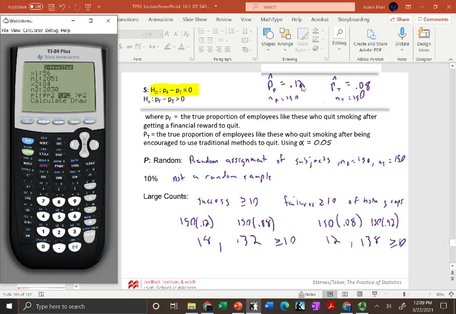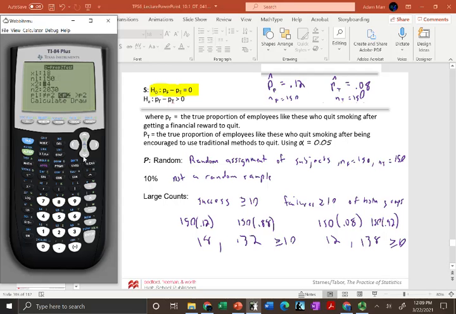The proportion is 0.12 and the n value is 150. So I have to say 150 times 0.12, which we already have for the large counts: 18. So I'm going to put 18 for x, and 150 for n.